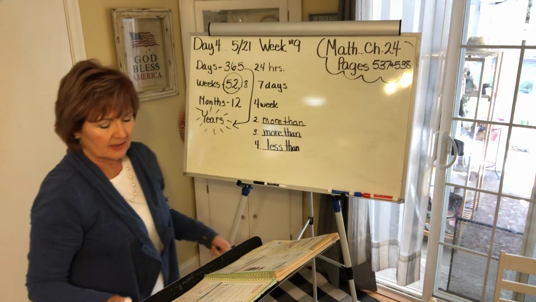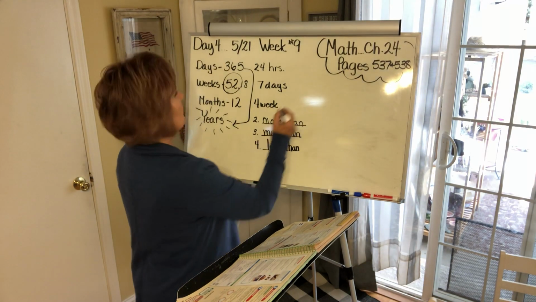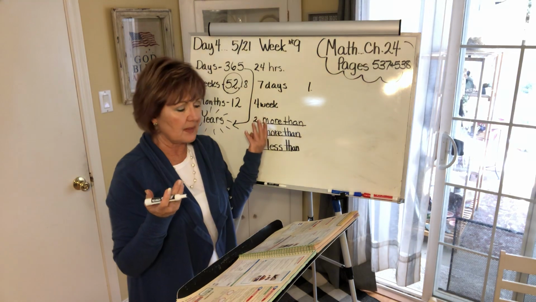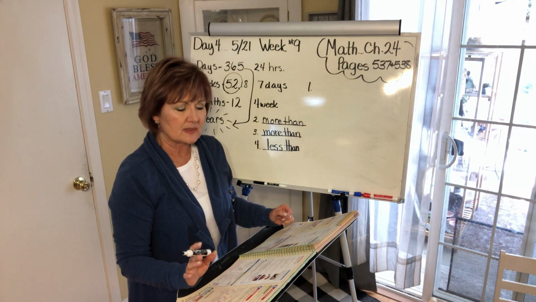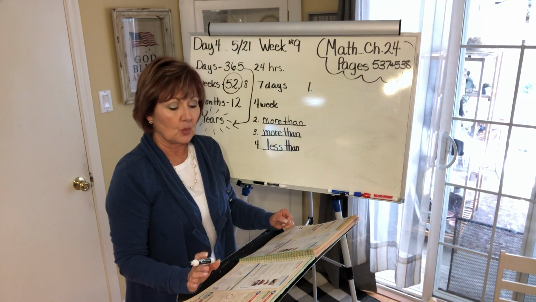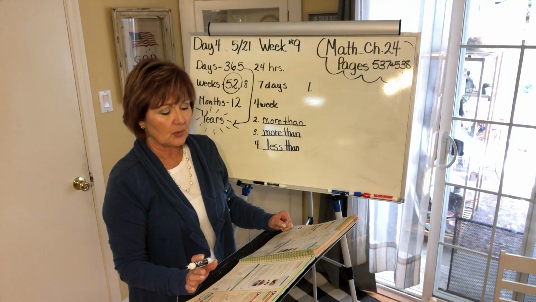Okay, let's take a look at page 538 at number 1. It is asking us to do the same thing. The map was on the classroom wall for 1 month. Is that more than 3 weeks, or less than or equal to 3 weeks?